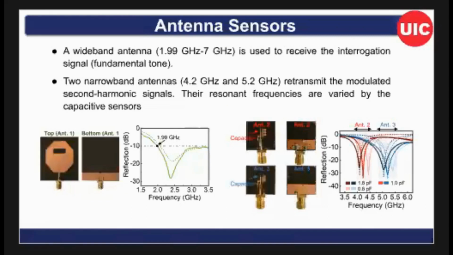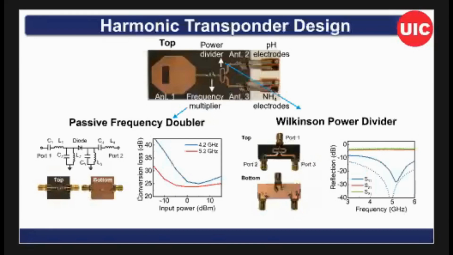An impedance transformer is used to increase the real part of the impedance of the antenna.